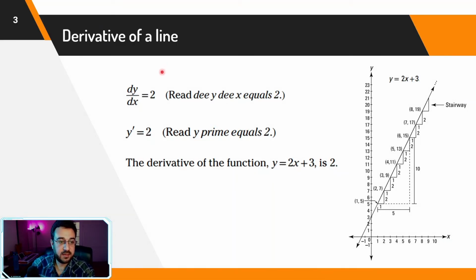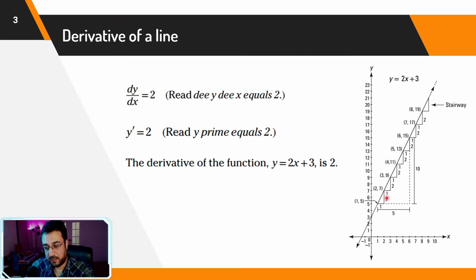Now, we said for that specific slope, we have dy over dx equals 2. That means the rate of change of y over the rate of change of x equals 2. You read it as dy dx, or some people say dy over dx, equals 2. That's how you read it. dy, how much did we change in y?